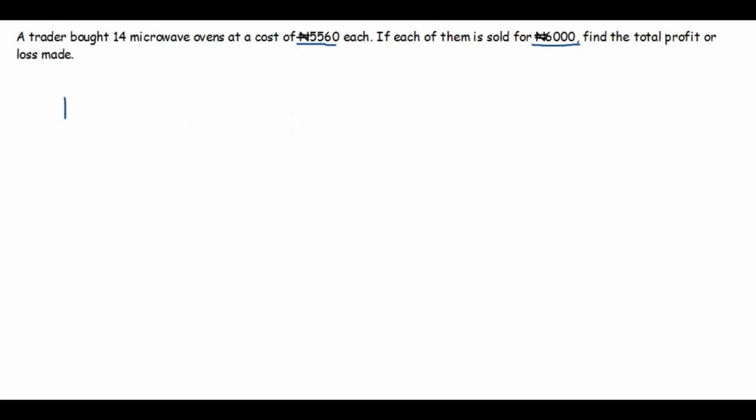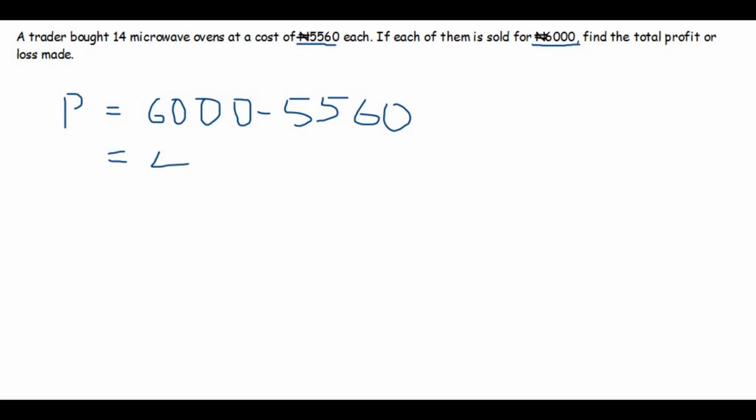So the profit is therefore the selling price, which is 6,000, minus the cost price, which is 5,560. And if you subtract this, you are going to get 440 naira. But we are asked to find the total profit made, which means this is the profit that he would make for one microwave.